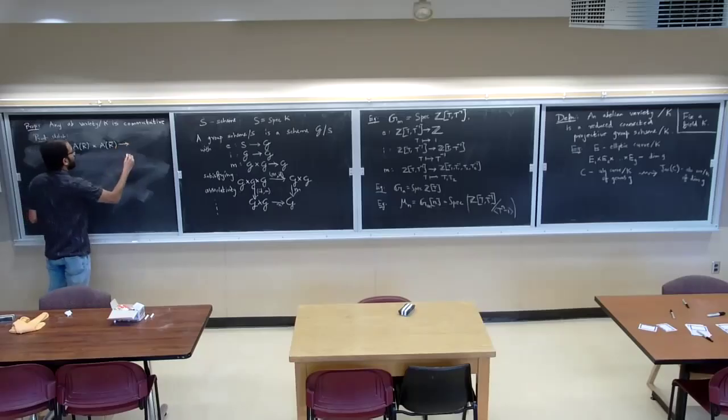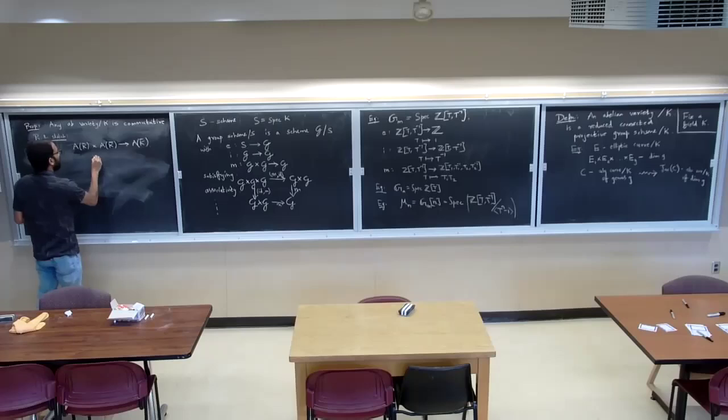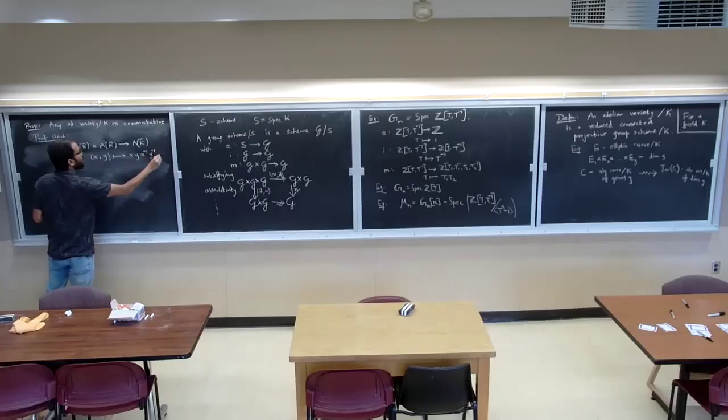If I can show that this map that sends x, y to x y x inverse y inverse is constant, going to the identity.